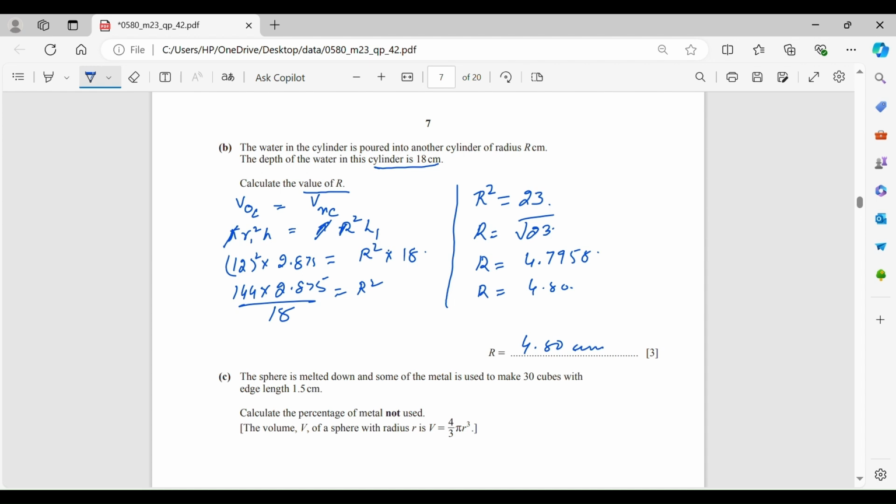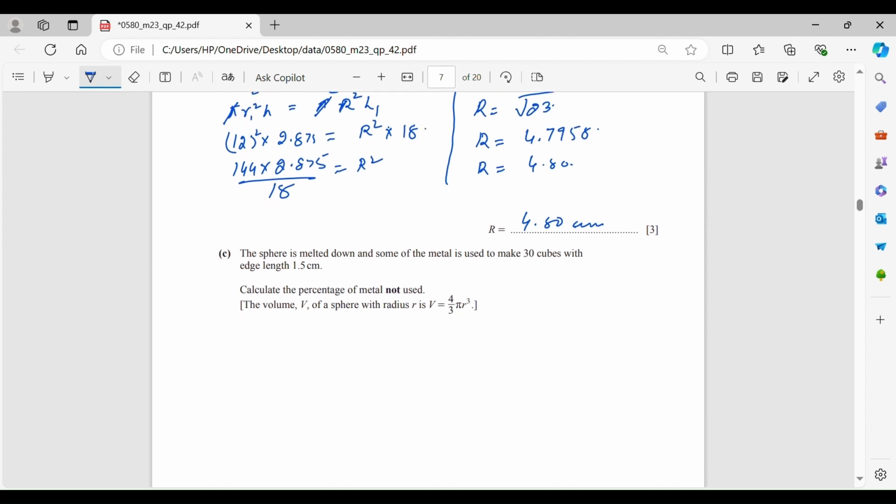A sphere is melted down and some of the metal is used to make 30 cubes with edge length 1.5 centimeter. Calculate the percentage of metal not used. So the volume of the sphere is equal to 4 by 3 pi r cube.